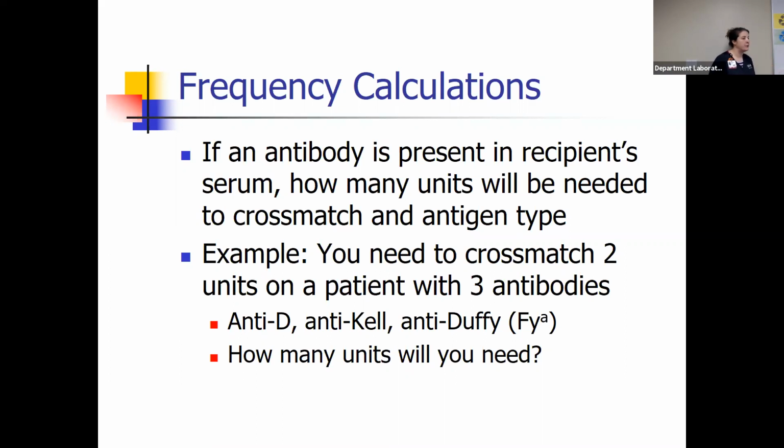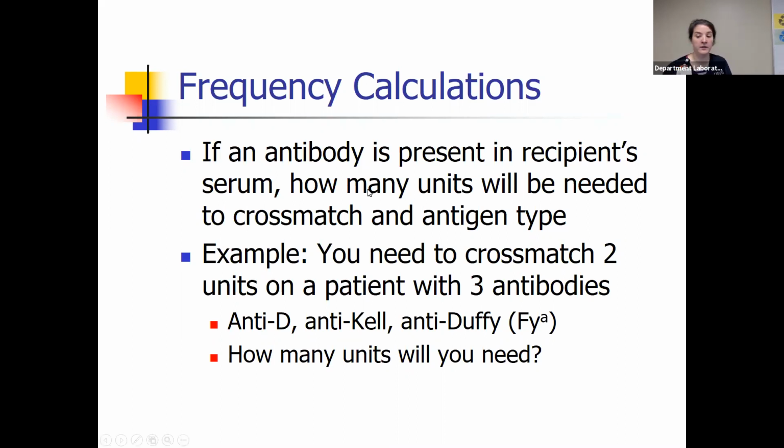So what's the frequency of that antigen negative in your population? With D, if your patient has anti-D, you have to give them D negative blood, and only 15% of the population is D negative. So how many units do we need to crossmatch in order to find D negative? For D negative, obviously, it's not that many because we test every unit for the D. But if you were doing little e, only 2% of the population is little e negative.